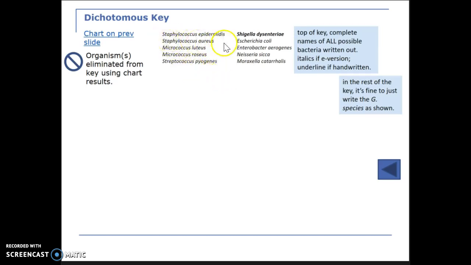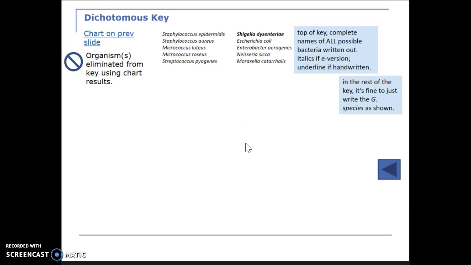You need to underline, even if you have a slant to your writing. Yes, you need to write it just like this with the same type of capitals and small letters, and then you need to underline every single thing that is italicized. So all possible organisms are listed at the top.